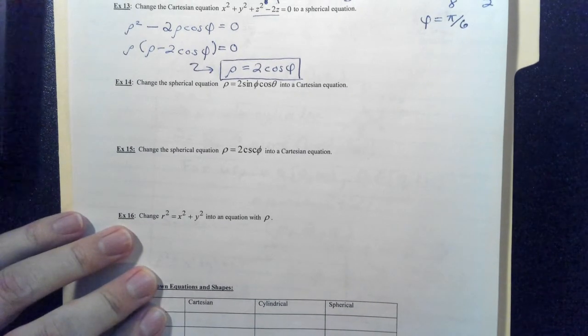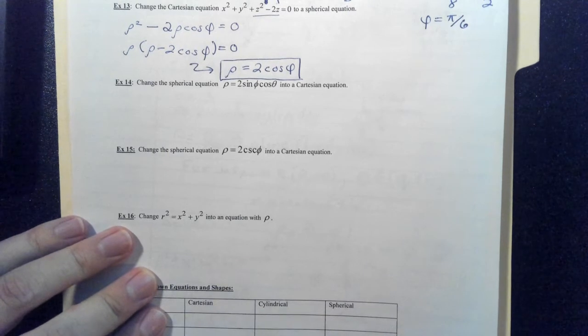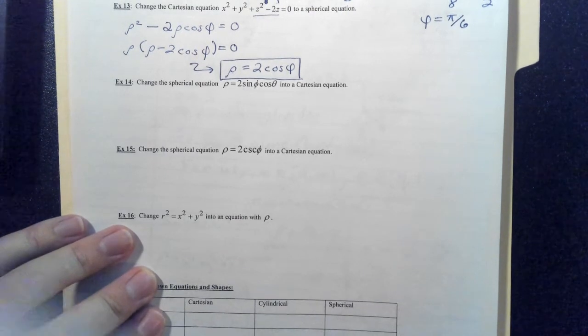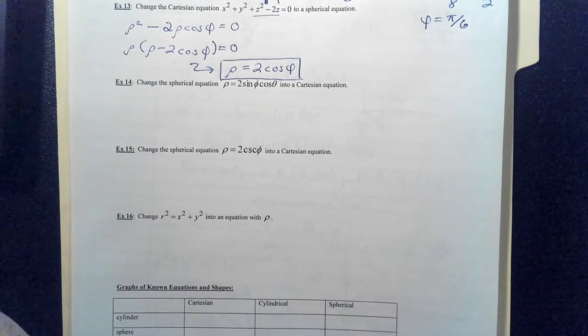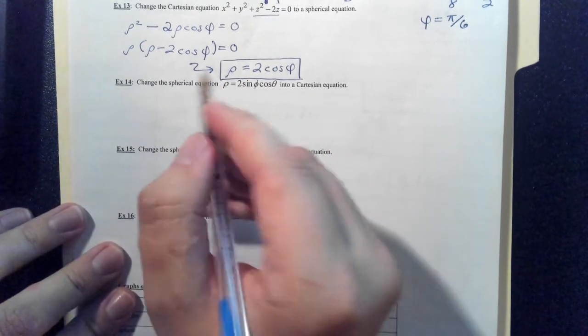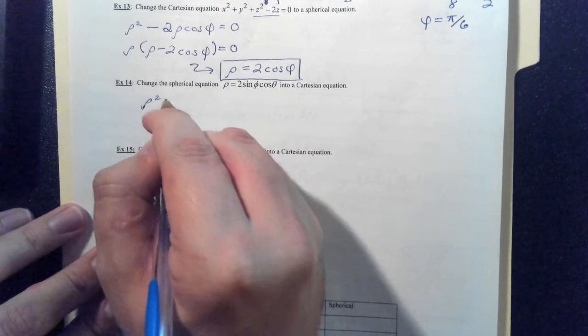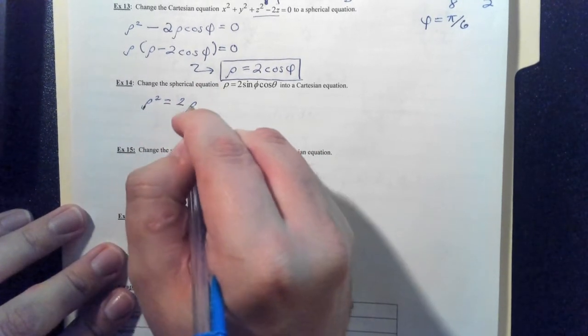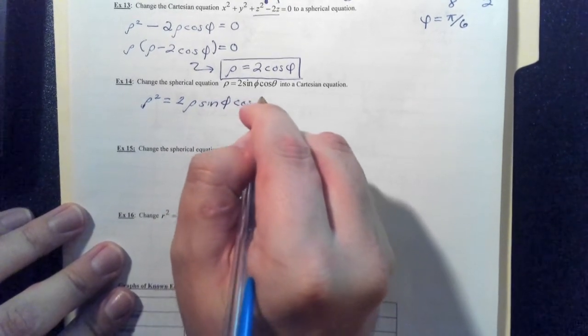Now I want to change this spherical equation into a Cartesian equation. Rho is equal to 2 sine phi cos theta. Well, if that was rho squared, this would be a bit cleaner. And over here, I know that rho sine phi cos theta, that's x. So what I'm going to do is multiply in a rho on both sides. Rho squared will equal 2 rho sine phi cos theta.